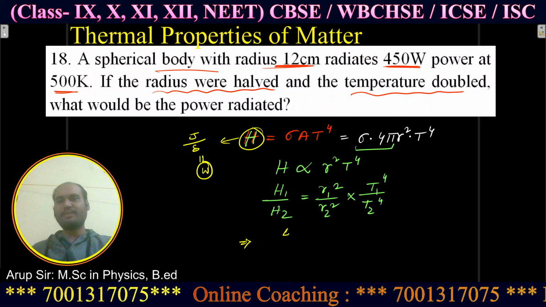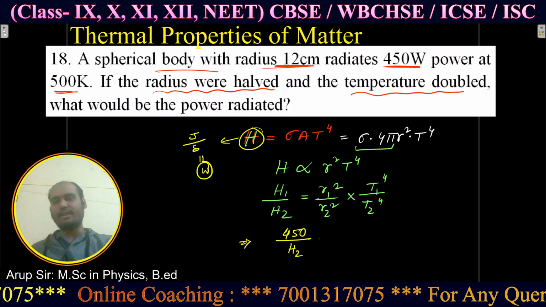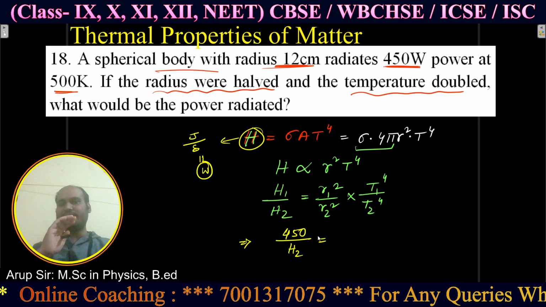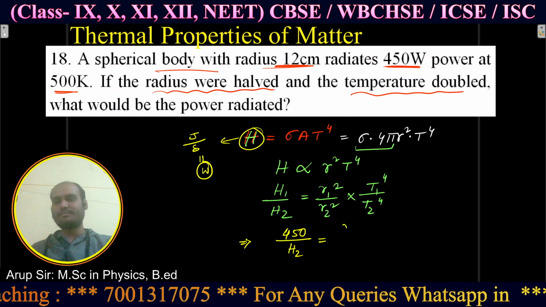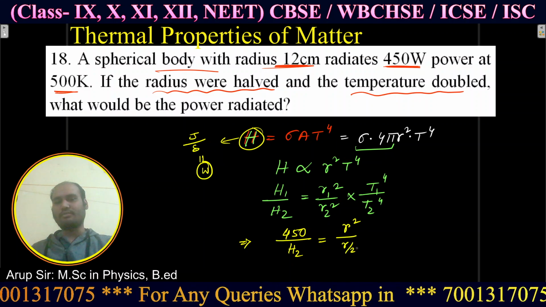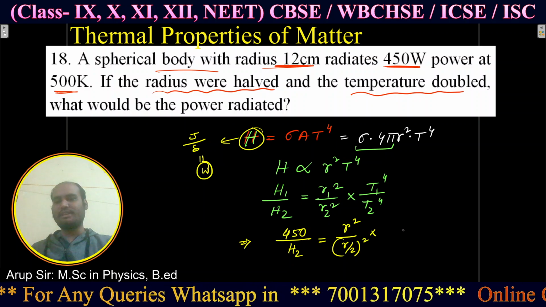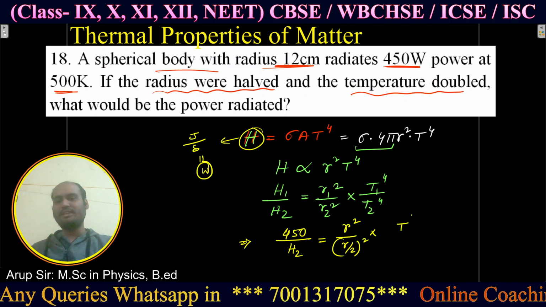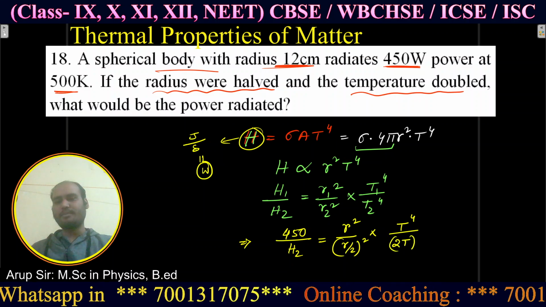So H1, if I put 450, divided by H2, which we need to find out, is equal to, basically radius was halved, means if radius was r at first, then it is r by 2 now, so r by 2 whole square, into, and temperature is doubled. So initially if temperature was T, doubled means 2T whole to the power 4.